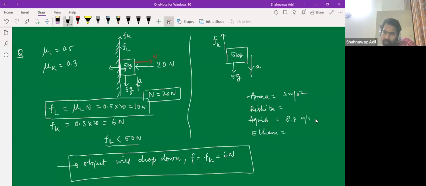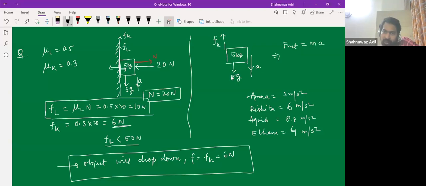Sir, I'm getting 4 meter per second. Okay, so we have a totally different answer. Rishita, sir, I'm getting 6. Oh, so no agreement in any of the answers. Okay, so Fk is 6, right? If I write F net, this is ma.